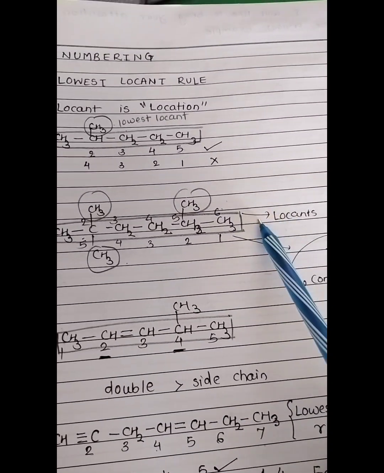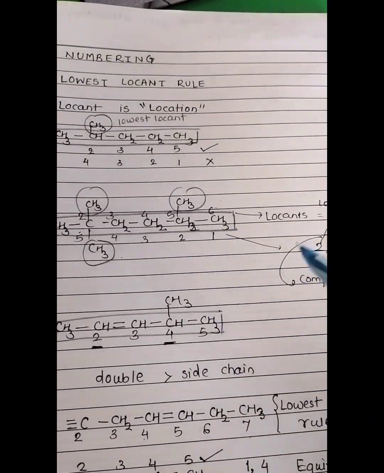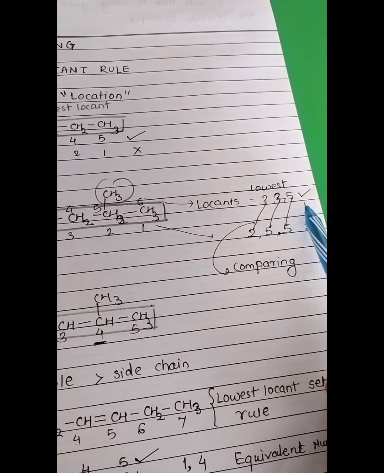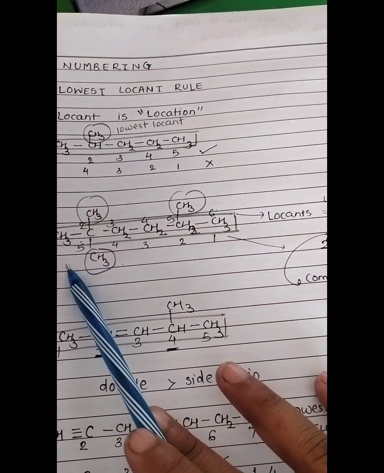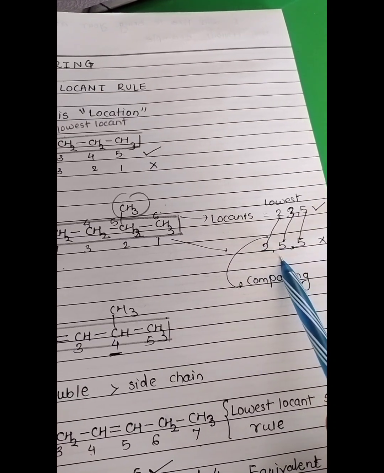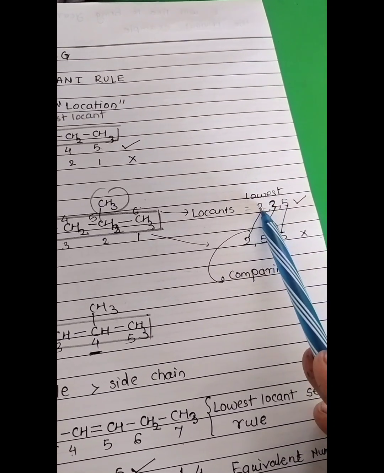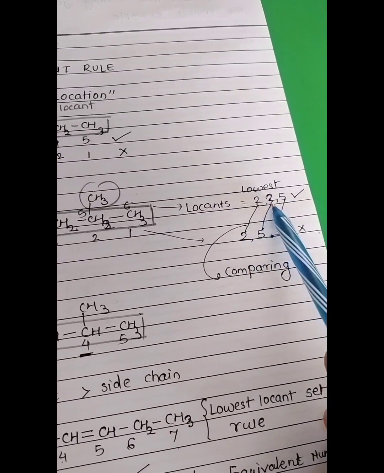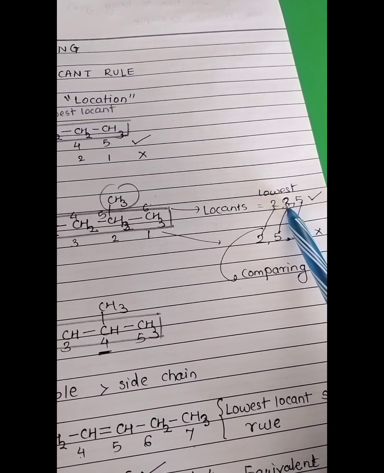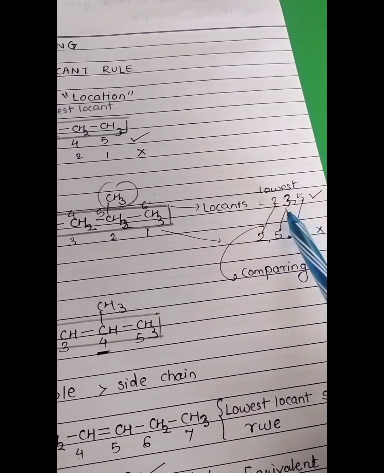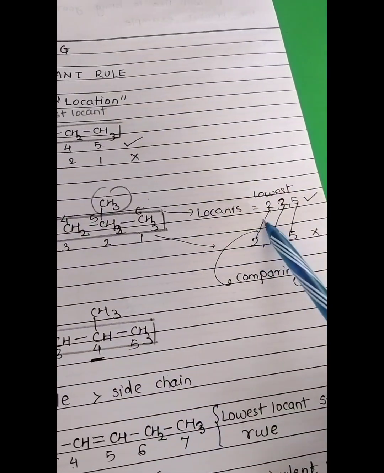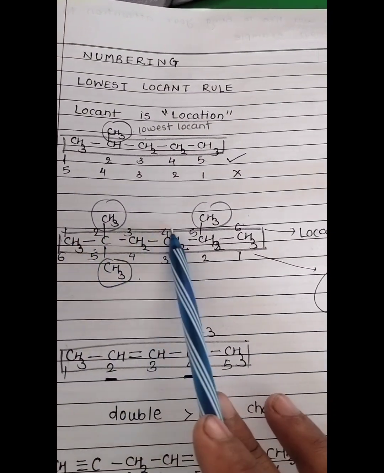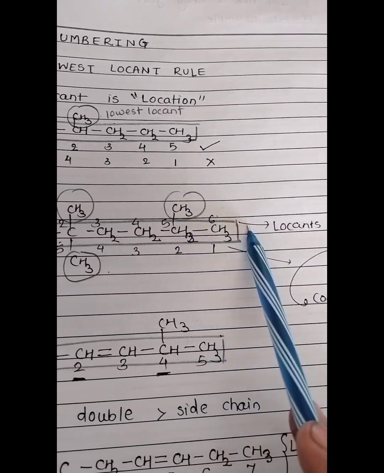So for locants, if we number this side, the locants are 2, 5, and if we number the other side, the numbering is 2, 5, 5. Here we can see the first locant is the same, and the second number is the lowest locant, 2 and 5. So in both of these, 2 is lowest. So the first way of numbering is correct. So 1 2 3 4 5 6 is correct.